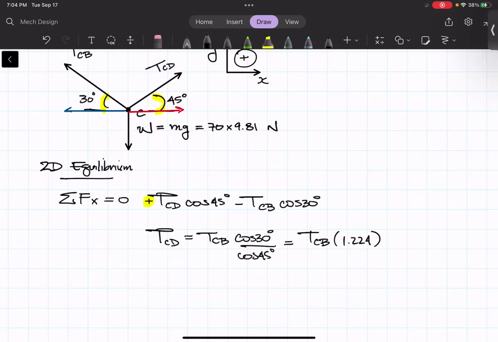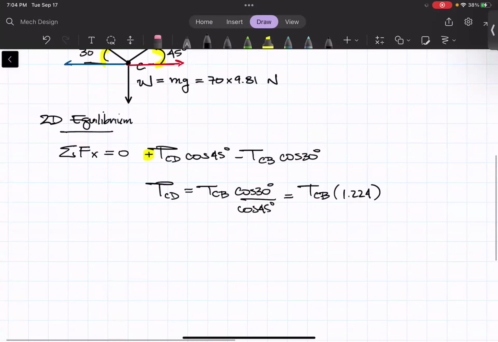So from the sum of forces X equal to 0 equation, we get TCD in terms of TCB.